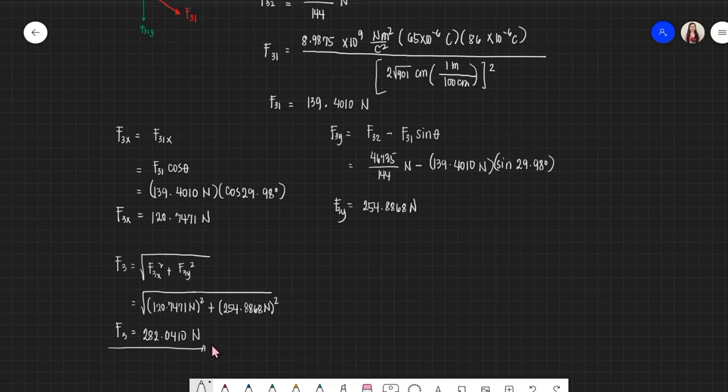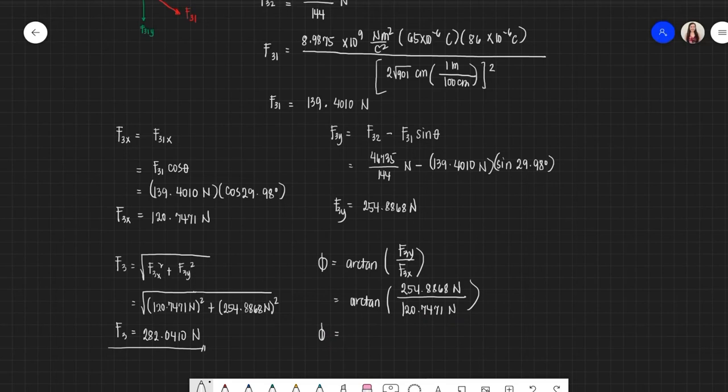That is the magnitude. And for the direction, that's arctan of F3y over F3x. So that is arctan of 254.8868 newtons divided by 120.7471 newtons.